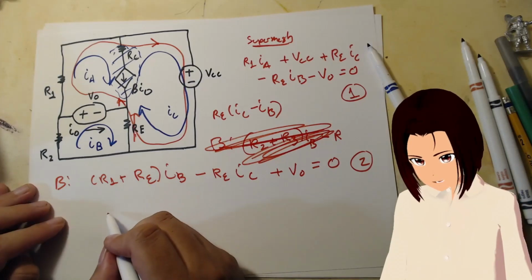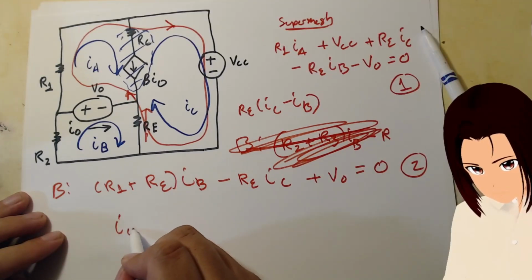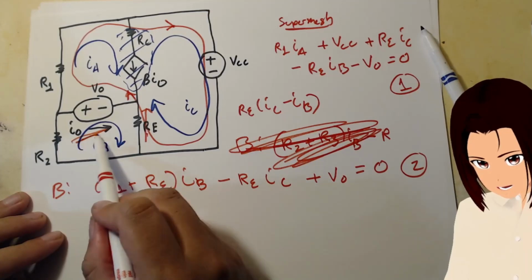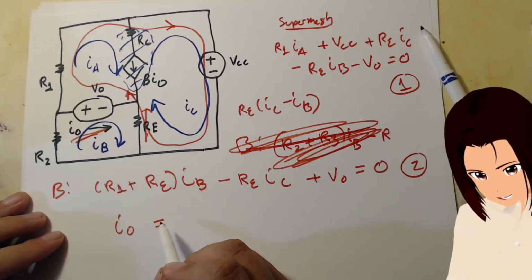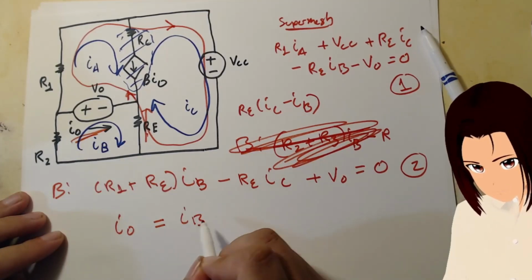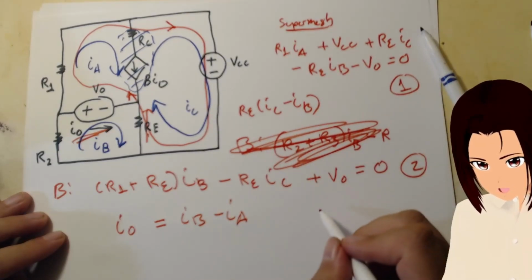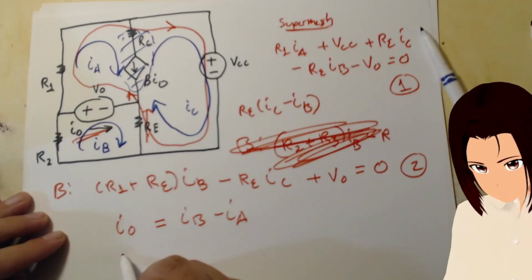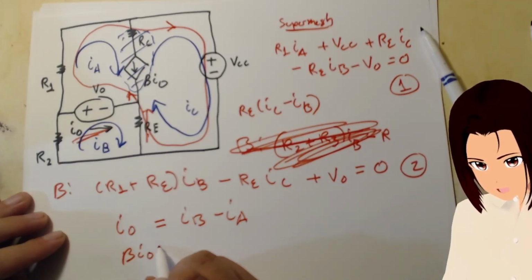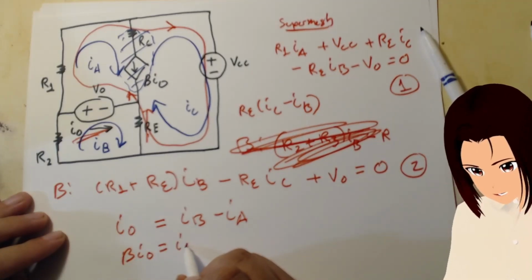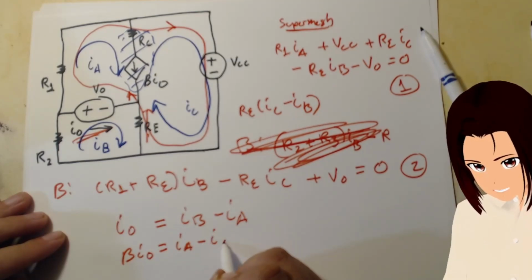So we remember that IO, this guy right here, is equal to IB minus IA, because it agrees. And we know that beta times IO is equal to IA minus IC.